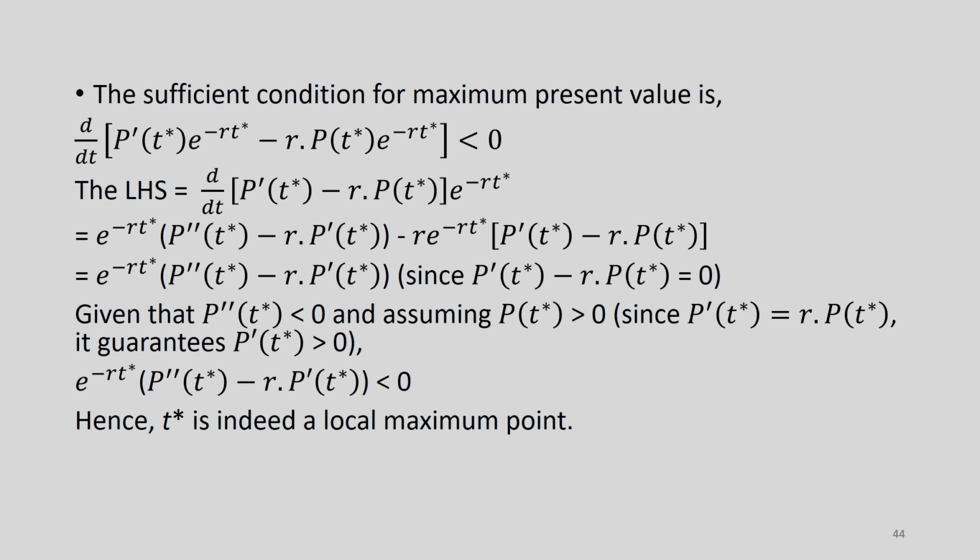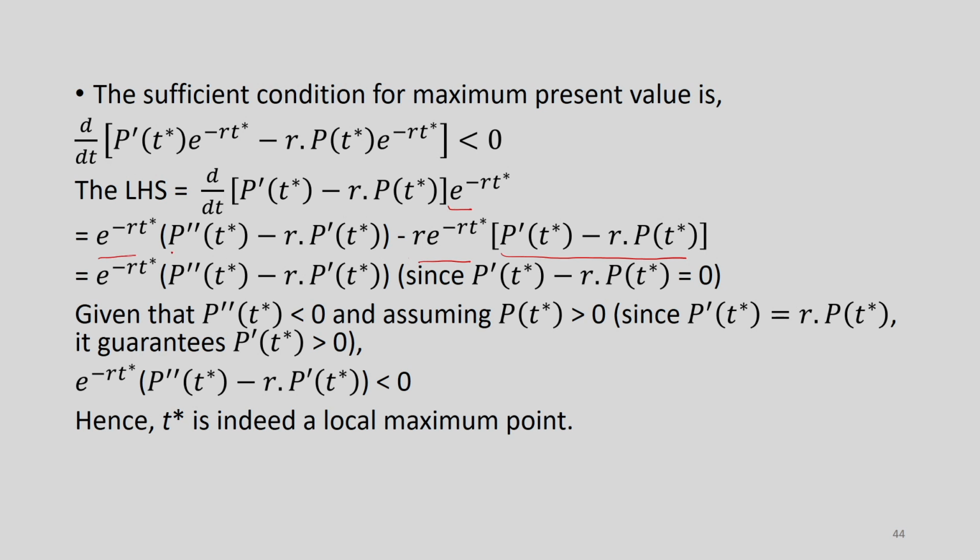Now, let us look at the left hand side. I am just going to simplify this a bit. I have taken e to the power minus r t star common, outside the brackets, and then we do the differentiation. In the process we have the term P dash t star minus r P of t star, which we have seen is equal to 0, so this part drops out.